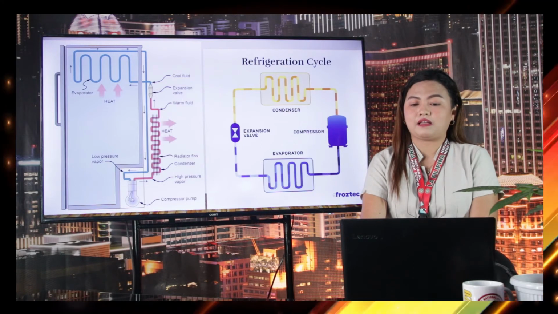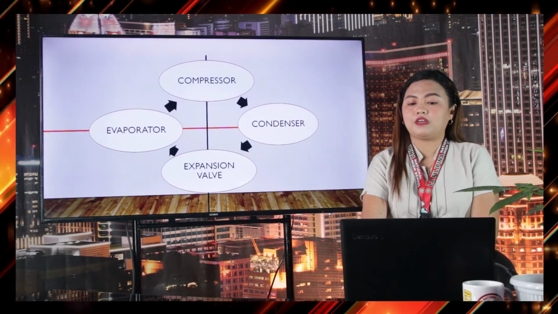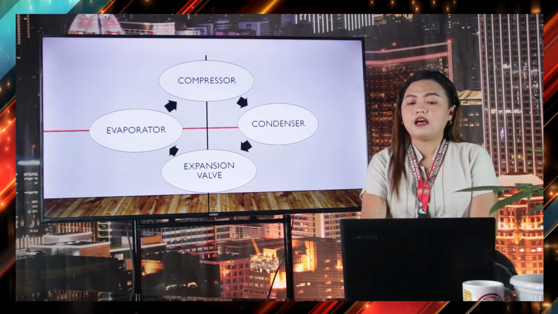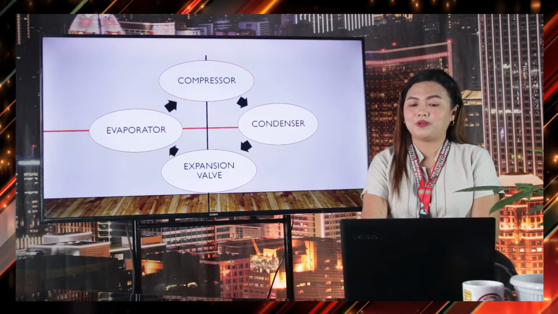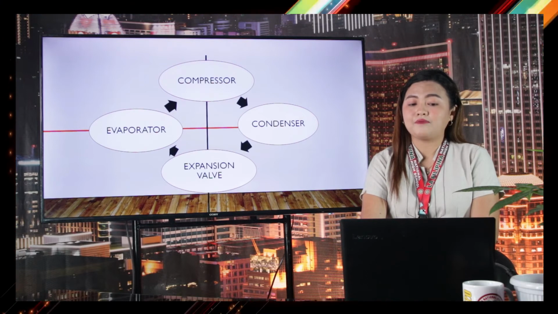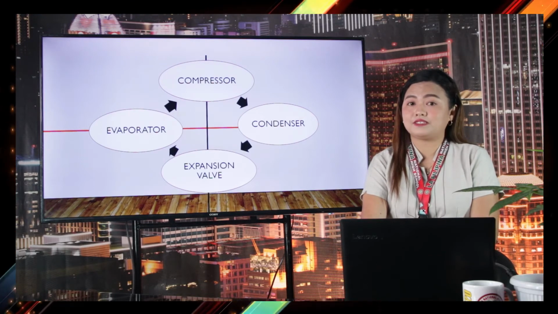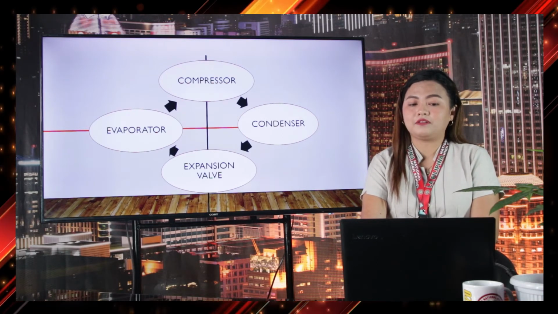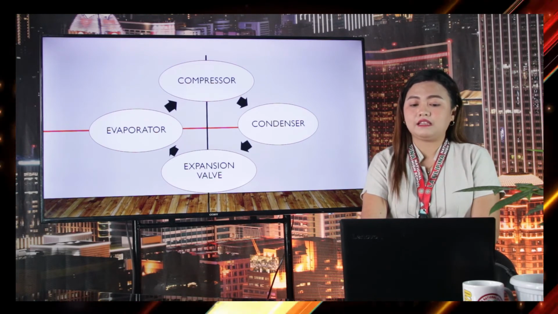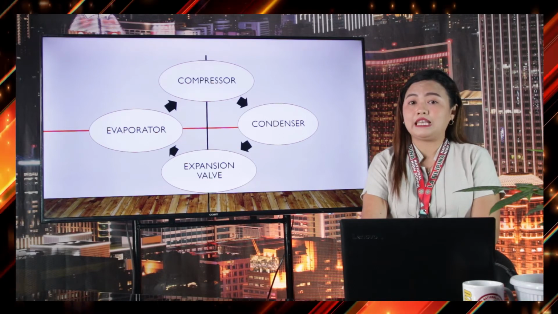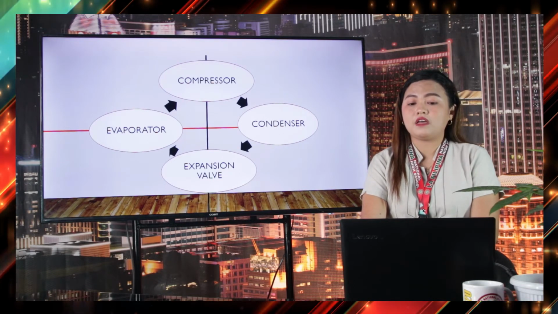To understand it better, we will have here the illustration. Again, the refrigeration cycle is composed of four major components: the compressor, condenser, expansion valve, and evaporator. To understand it, we will divide it vertically and horizontally.